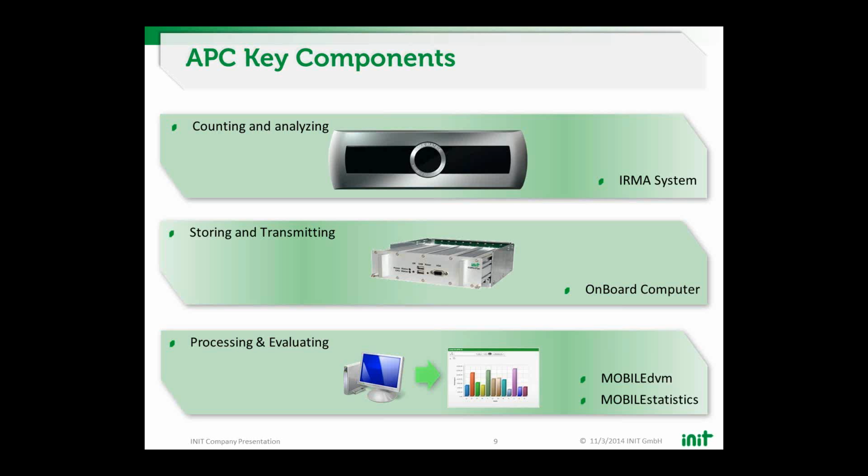The key components of an APC system: you have the sensor system on the vehicle. I'm going to talk about what Init is installing, so I just want to use our technology. We have a sensor system on the vehicle, an onboard computer, we get GPS information and transmit the data through WLAN.